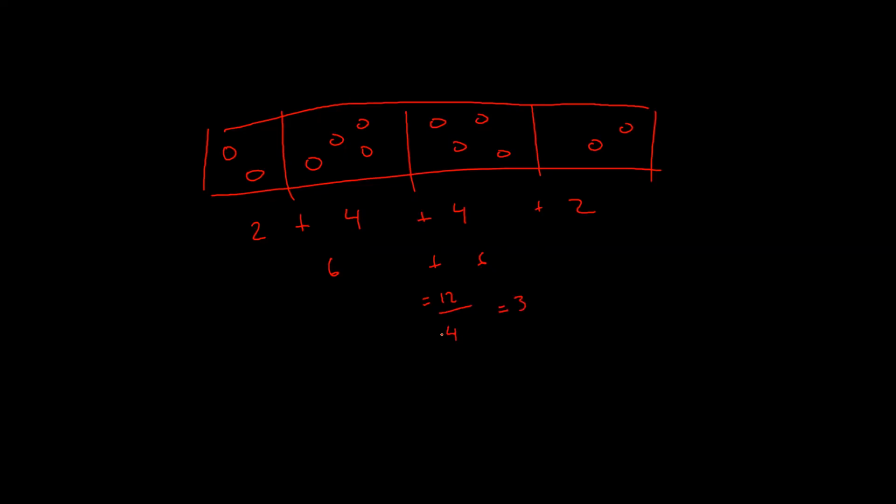Our average is 3 marbles per box, because I could take this marble out and put it in here, and I could take this marble out and put it in here, and that would give us 3 marbles per box. Do you guys understand that concept? So it doesn't mean that all the boxes have 3 marbles in them. They're different amounts of marbles per box, but the average is 3 marbles per box.